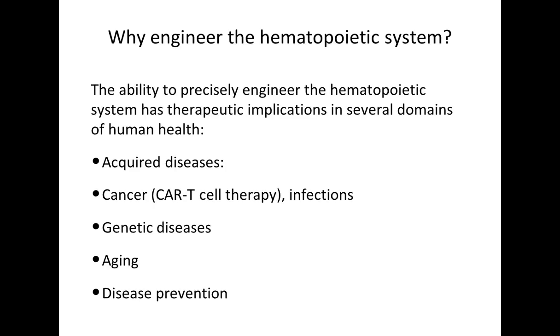But first, we should probably ask why engineer the hematopoietic system. So I'm here to argue that our ability to do this precisely and well has therapeutic implications in several domains of human health. So there's the acquired diseases, and we already have a lot of great results engineering T cells and CAR T cell therapy. Of course, there's an impact on genetic diseases, blood and hematopoietic and hematological and non-hematological. But I think they could also bring solutions for aging and disease prevention.